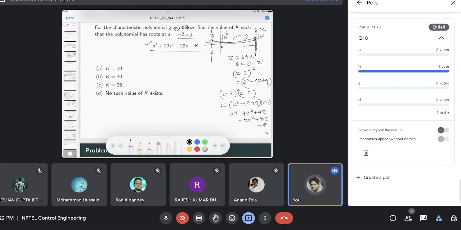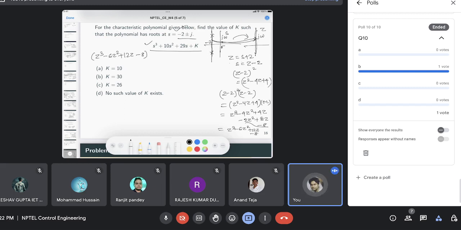So it is equal to z cube minus 6z square plus 12z minus 8. So instead of s cube we have z cube minus 6z square plus 12z minus 8.